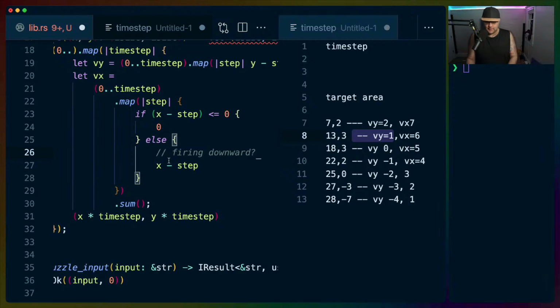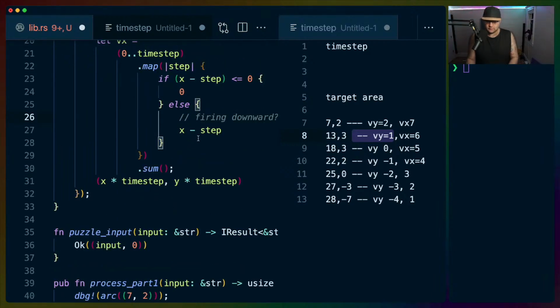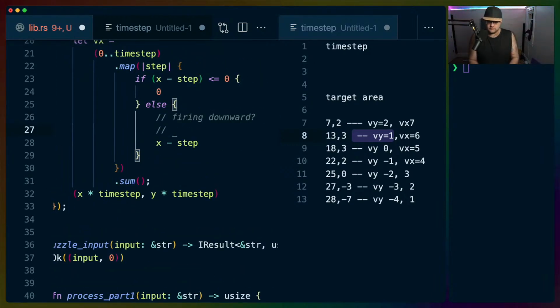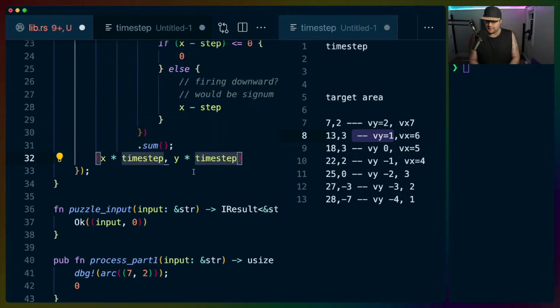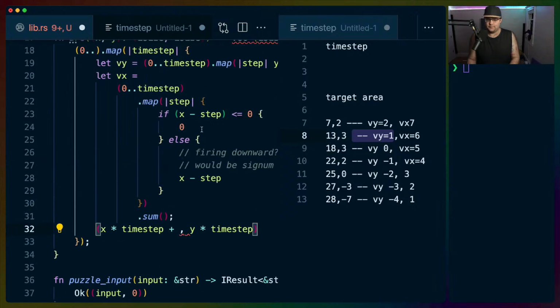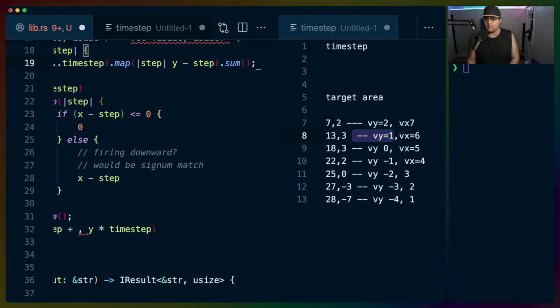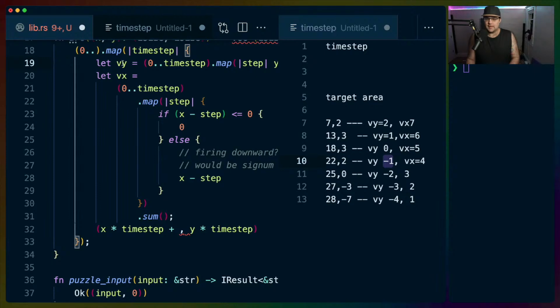So I think that just doing that is going to be fine. So it's x. So the velocity in y is this sum. So like we went 2, we went 1, we went 0, we went -1, that kind of thing. So this is actually just y.